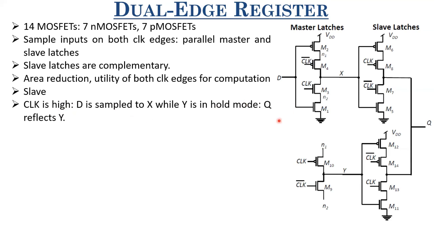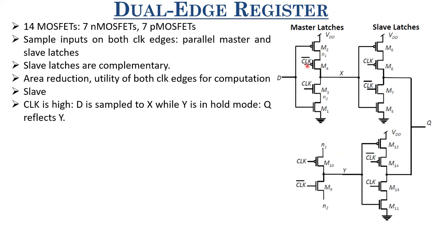When the clock is 1, D is sampled to X, and N1 and N2 are coming from here. So you are sharing M2 and M1 amongst this master state and this master state to further improve the area efficiency.